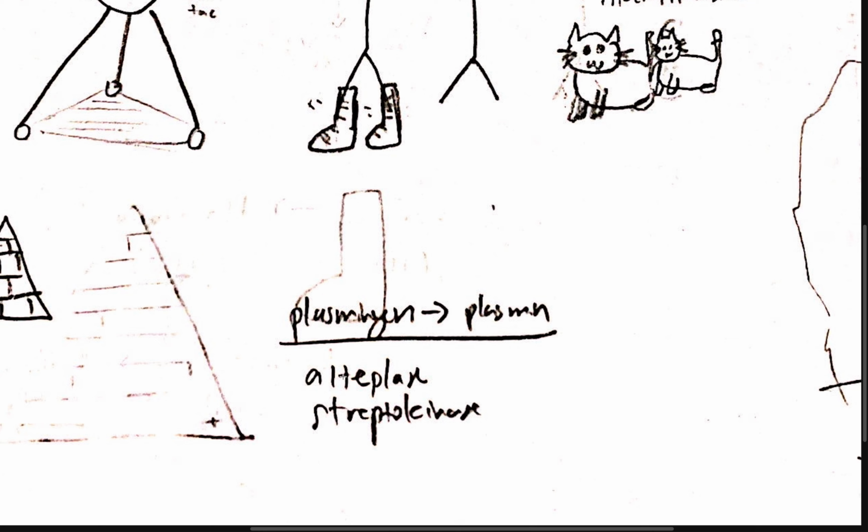So auto strap helps you remember alteplase, streptokinase, and the shoes are for moving. You remember that this is a part of the coagulation cascade that goes from one thing to the next. So this is another activator going from plasminogen to plasmin, which is a part of the fibrinolytic pathway. These are called thrombolytics. So think of the shoe, it's going somewhere.